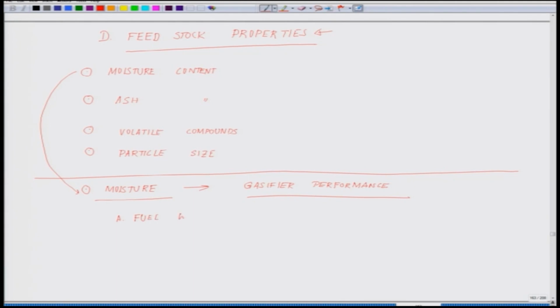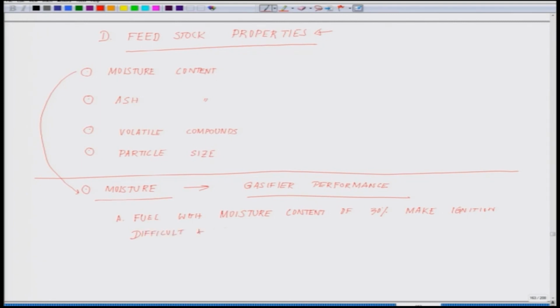Fuel with moisture content of 30% makes ignition difficult and leads to lower calorific value.